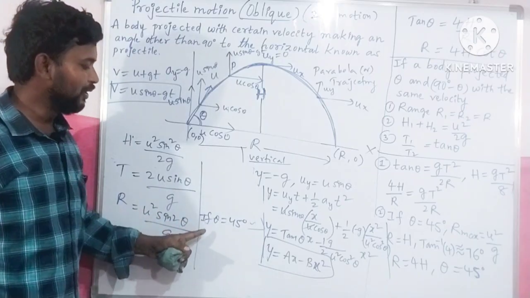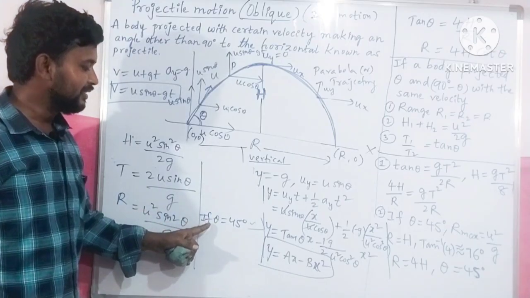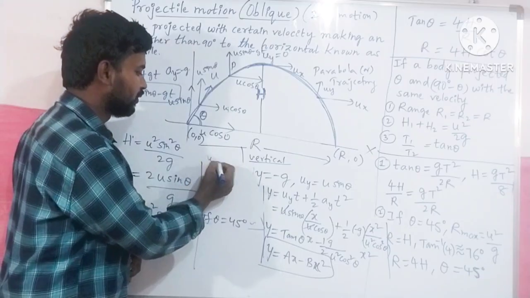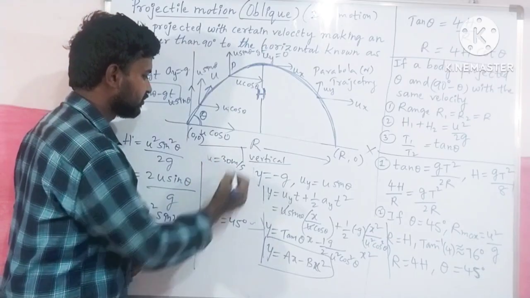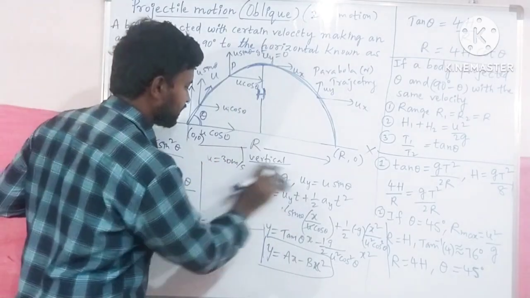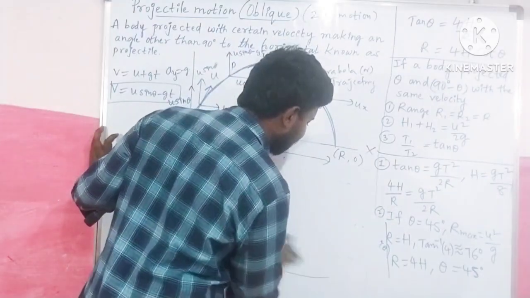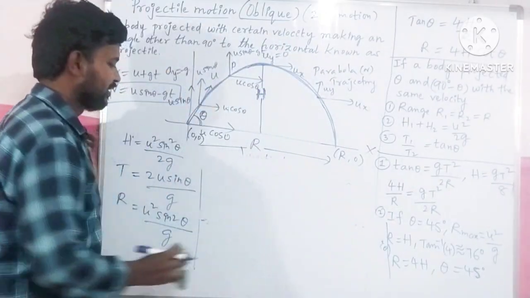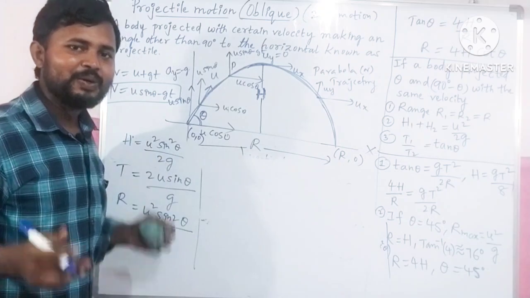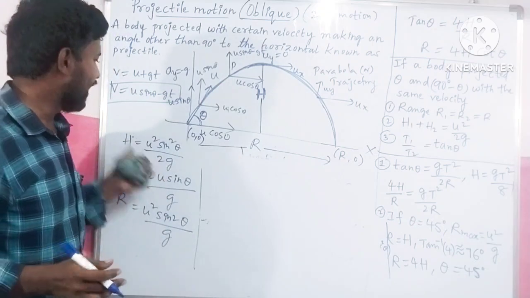Okay, now for example, here I projected with velocity u equal to 30 meter per second, with an angle of 45 degrees. What is the maximum height?